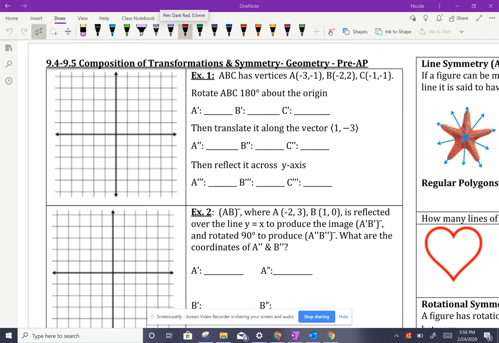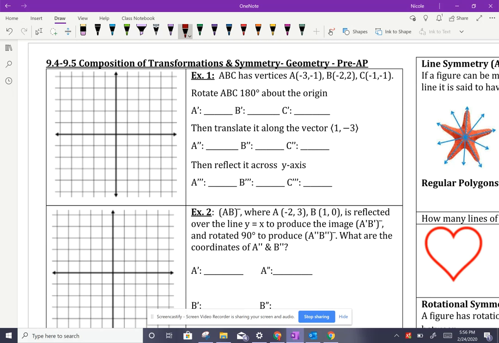And what that's saying is basically we're doing multiple transformations, either rotations, translations, or reflections to the same group of points. And we're taking our new set of points from our first reflection or rotation and using those points again to find the next group and the next group.